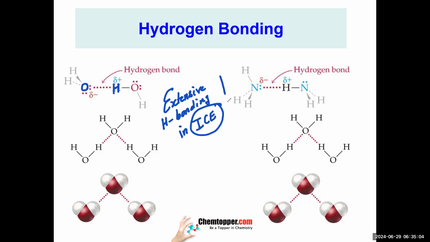This is a very important concept. I'm going to cover it. And due to this extensive hydrogen bonding, ice has different nature. Ice is less dense than liquid water at 4 degrees Celsius. Density of ice is less. Density increases when it melts.